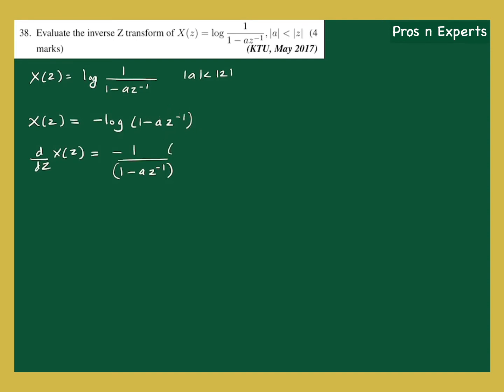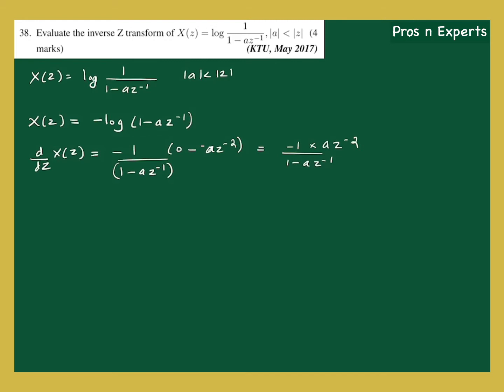So that becomes 0 minus 1 into a into z inverse squared. Okay, and that will end up in minus 1 by 1 minus a z inverse into plus a z inverse squared.